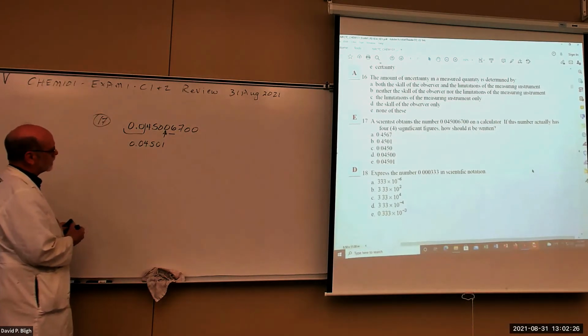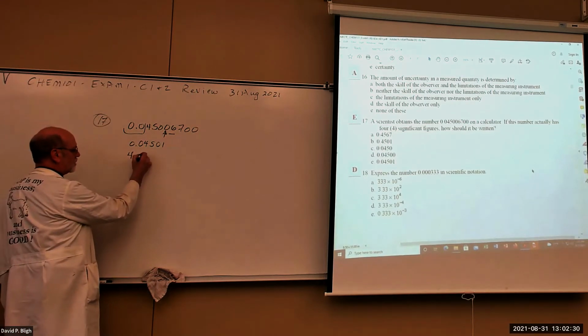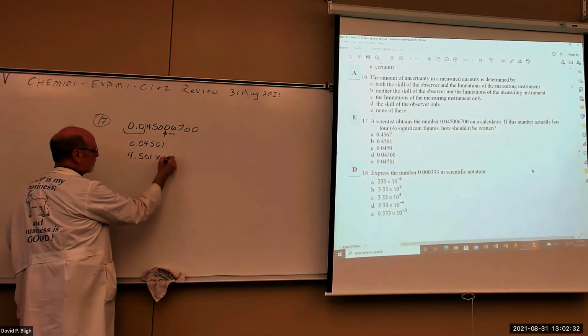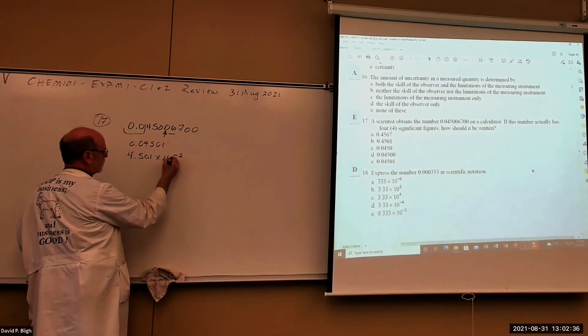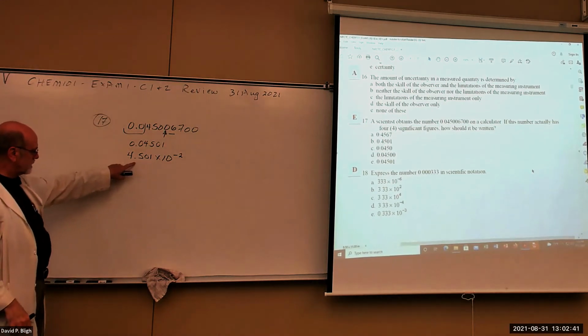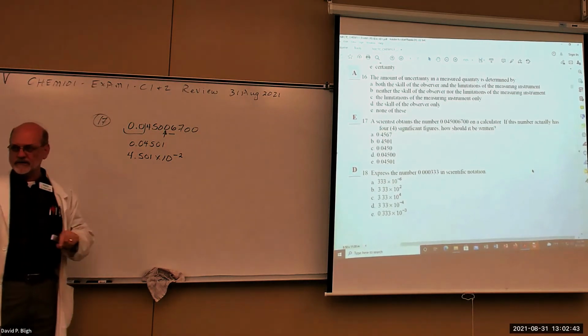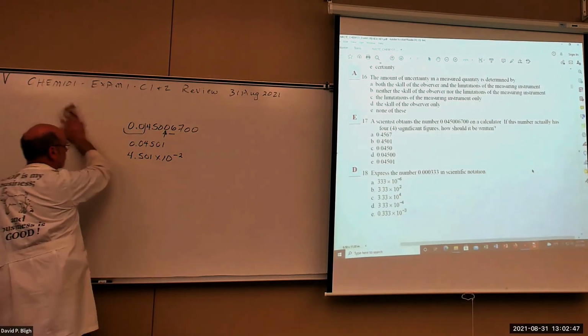Okay, so how would we write this number in scientific notation? Okay. And that keeps all your significant digits in the coefficient. All right, 17.